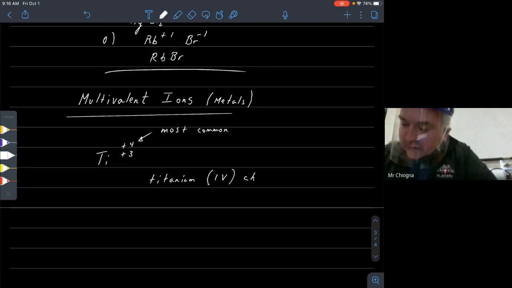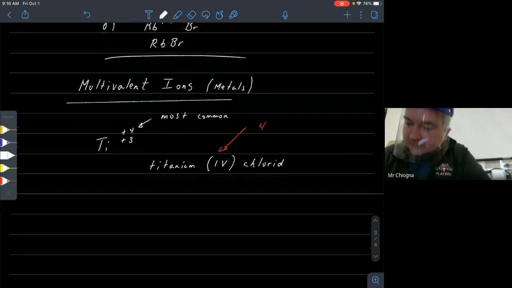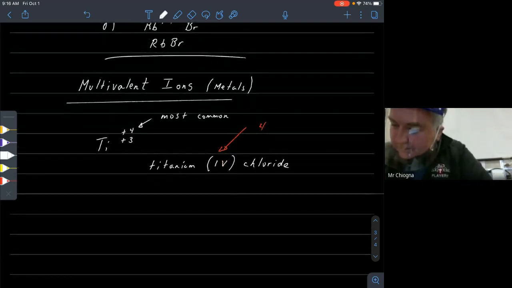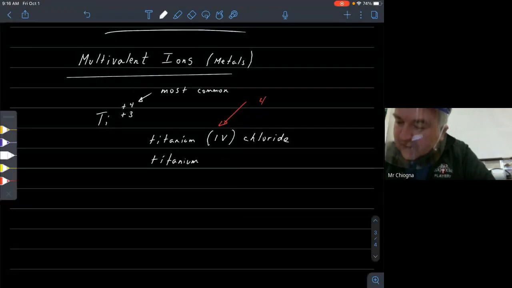So, for example, I could have a titanium (4) chloride. We'll get more into this later. This, just for a reminder, is the Roman numeral 4. I'll go through all of that in a bit. Or I could have titanium (3).